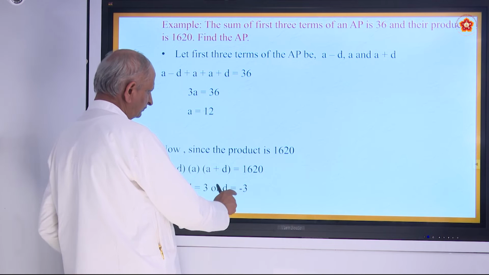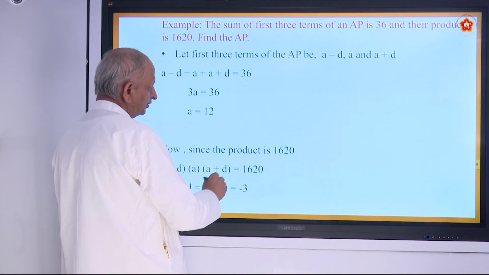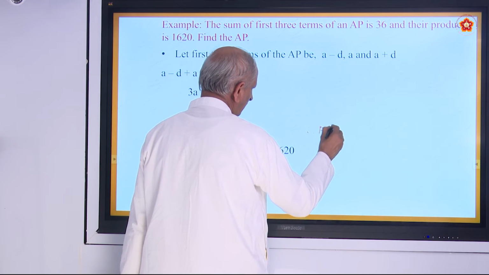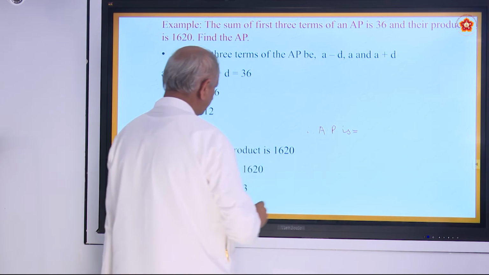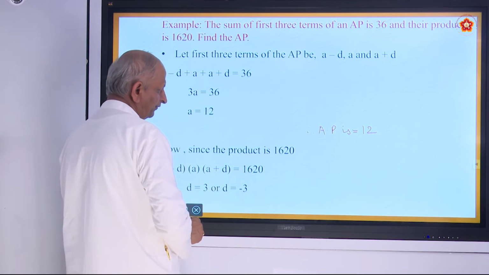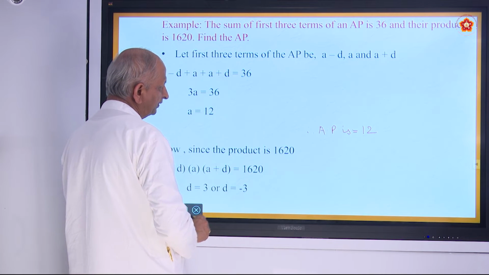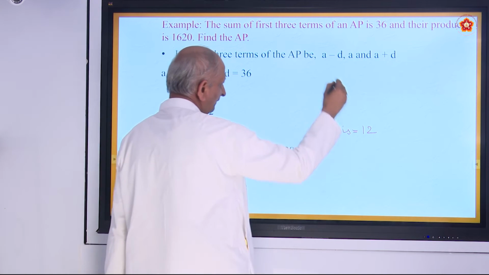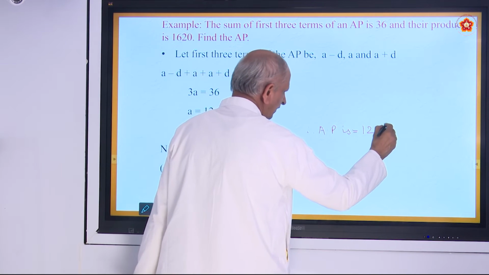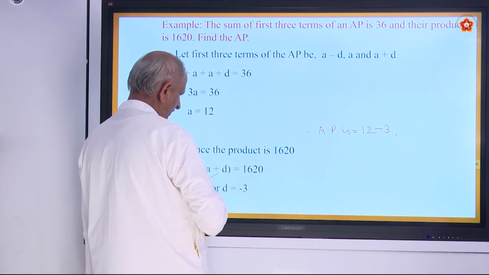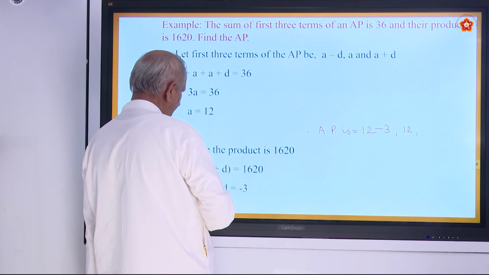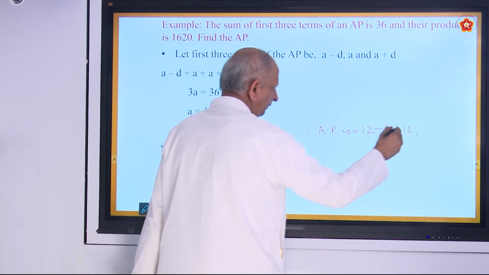So D is got, A is got, using this you must write, therefore, the AP, arithmetic progression, is: first term is 12, if A is 12, 12 minus D, D is how much? We will take the positive value first, 12 minus 3, and A means 12, and A plus D, A is 12 plus D, 12 plus 3.